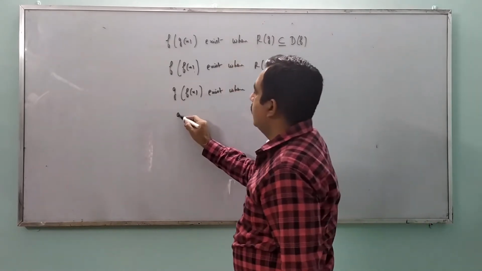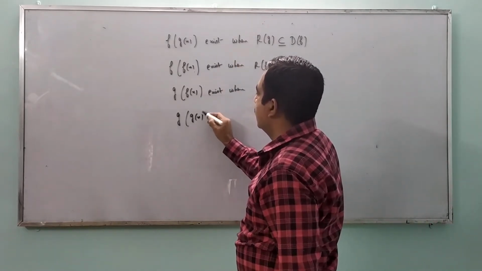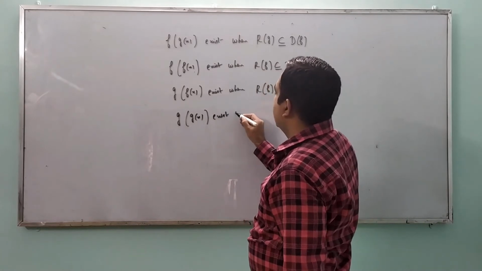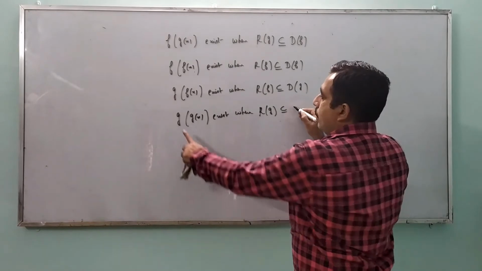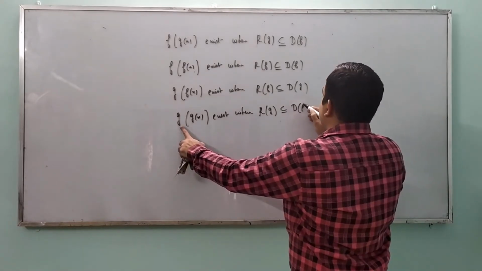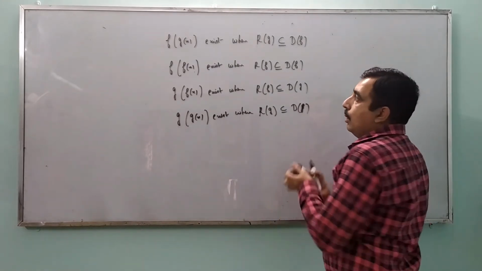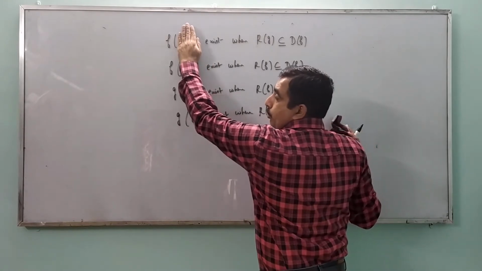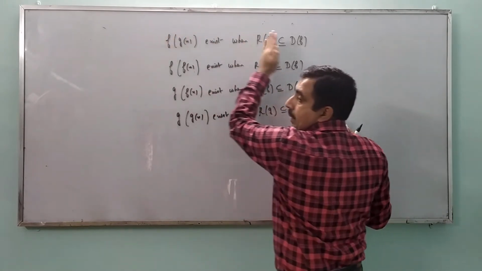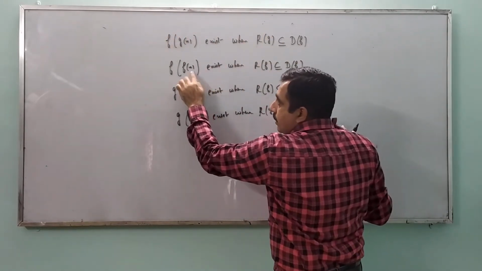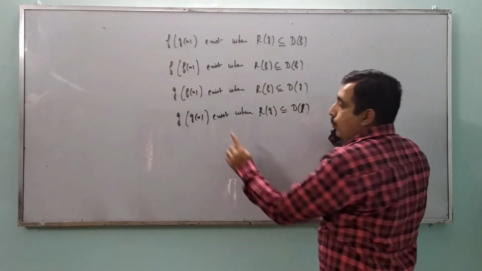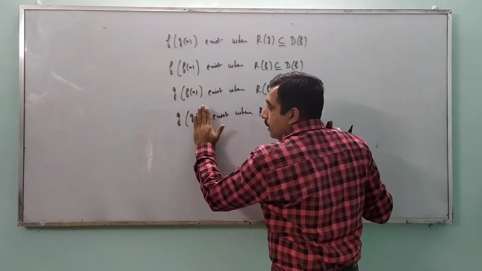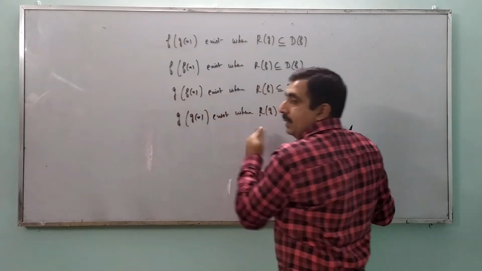And lastly, g of g(x) exists when the range of g is a subset of the domain of g. So the first function's range should be a subset of the domain of the second function.